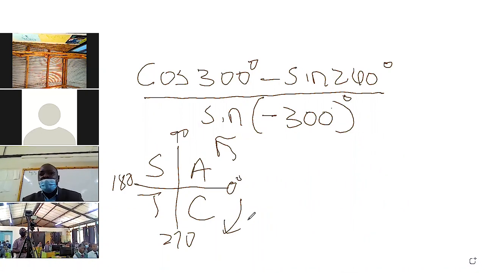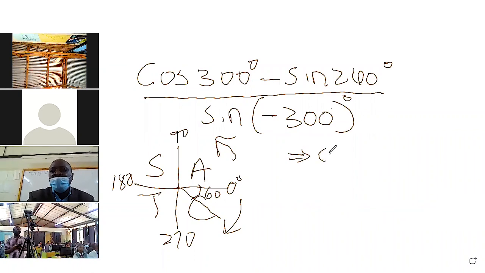So when we talk about cosine of 300, we know that 300 is in the fourth quadrant, where cosine is positive. But which angle are we looking for? The angle adjacent to the horizontal axis, which is 60. So cosine of 300 is the same as cosine of 60 degrees.